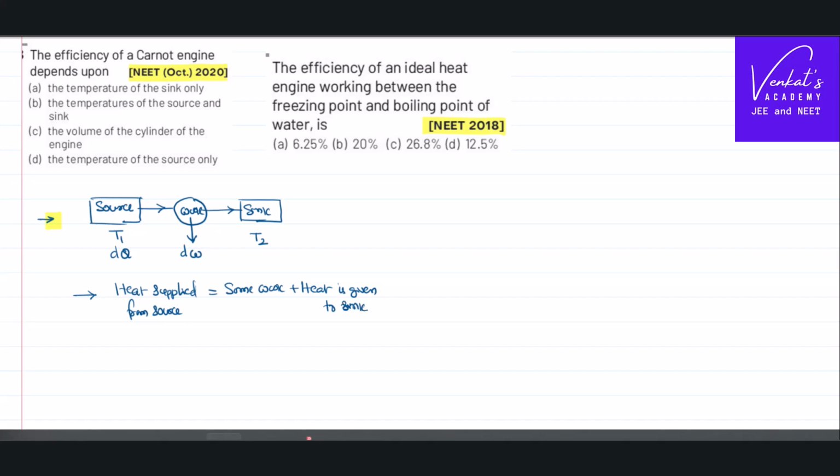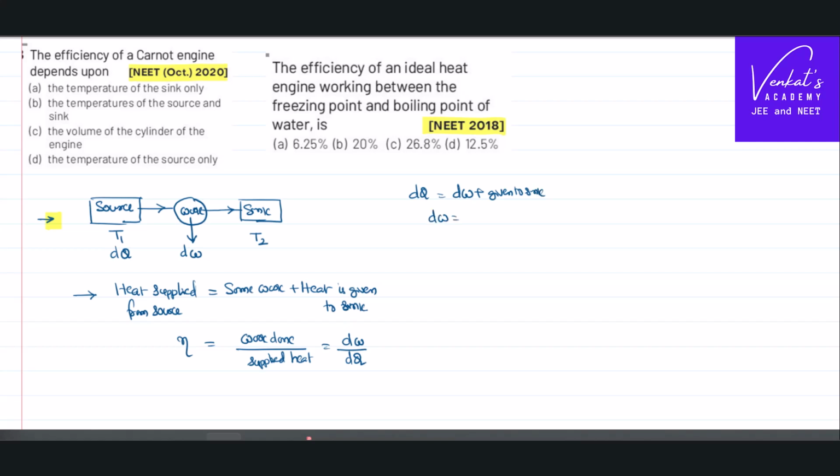So how do you measure how efficient the system is? We can simply measure it as the work that is done with the help of the supplied heat. So dW, work done, over supplied heat, dQ. But I can say total supplied heat is work done plus heat rejected to the sink.